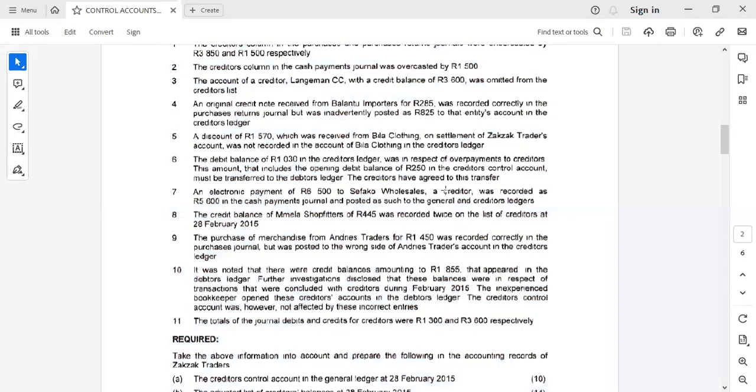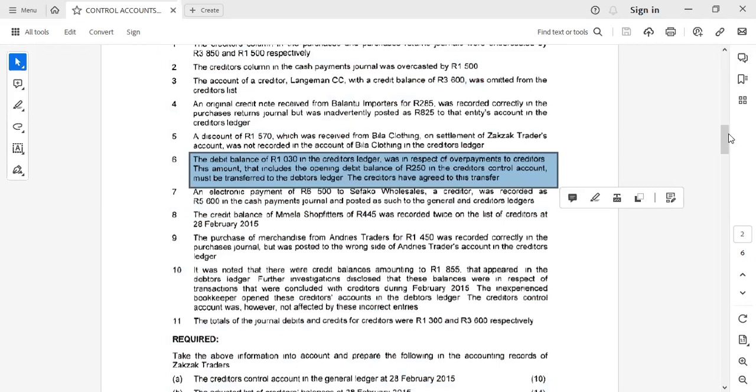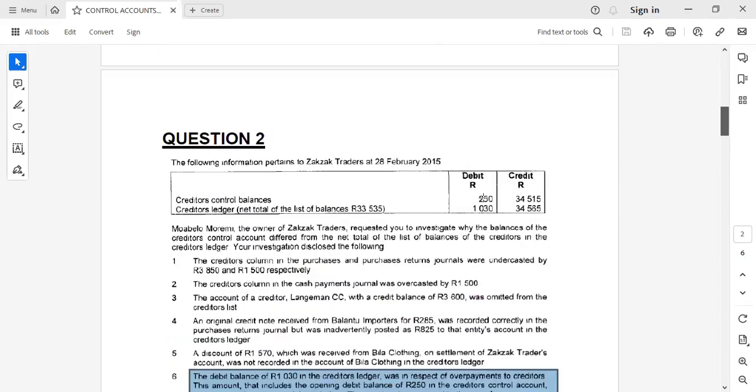The debit balance of 1,030 in the creditors ledger was in respect of overpayments to creditors. These amounts, which include the opening debit balance of 250 in the creditors control account, must be transferred to the debtors. Right. So we have this one here. It was transferred to debtors. Remember that to get this 33, we subtracted it. So we have to add it back.